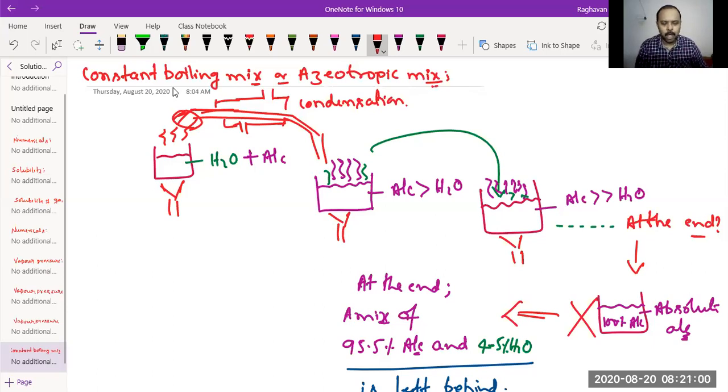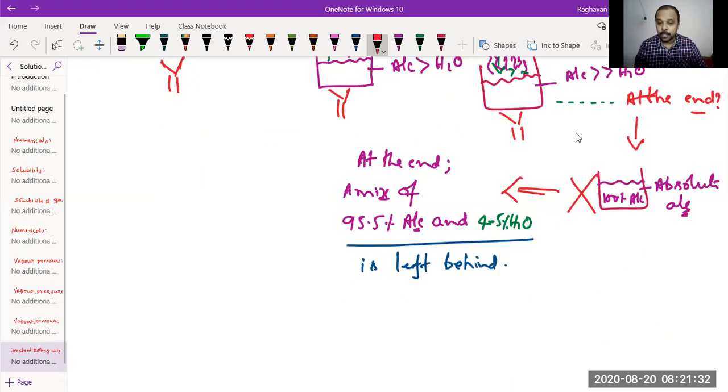Now the name constant boiling mixture, if you take the meaning directly as the liquid mixture which boils at constant temperature, that is not correct, because every liquid will boil at a particular temperature. A mixture which boils at constant temperature is not the meaning of that. Then what is the meaning of constant boiling mixture? Every liquid will have its own boiling point. But what is happening here? The composition is not changing upon boiling. So the liquid mixture whose composition remains same even after boiling is a constant boiling mixture or azeotropic mixture. Is it okay?